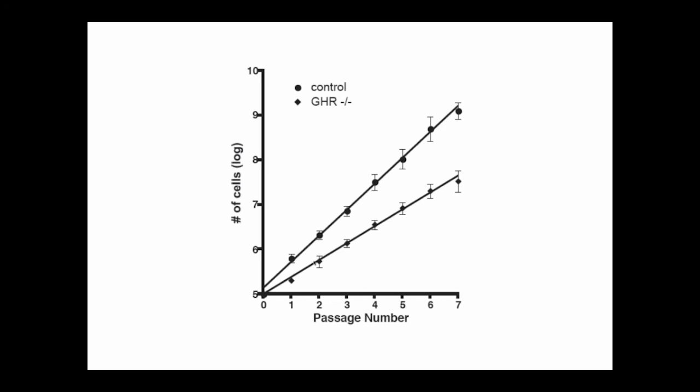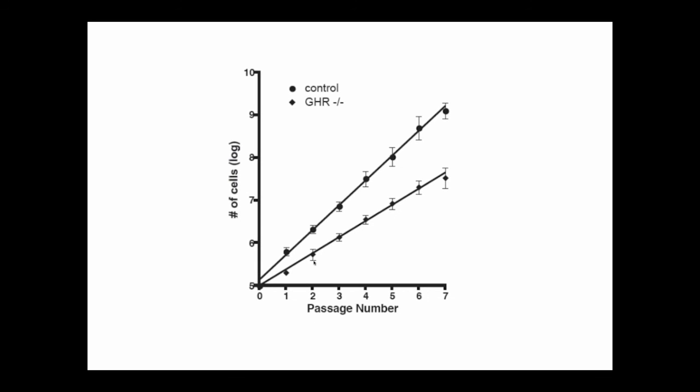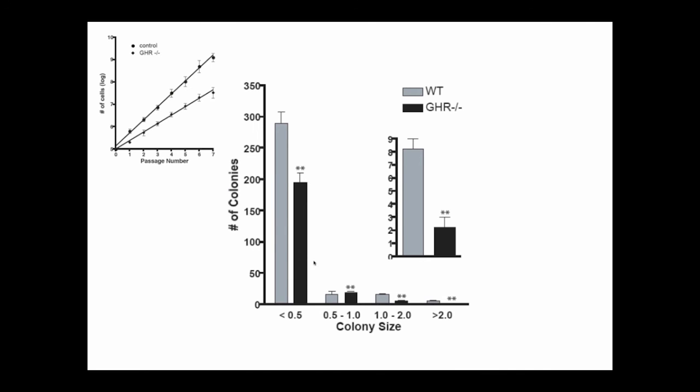Second, if we looked at an animal that was a knockout for the growth hormone receptor, what effect does that have on proliferation of this population? We found that the slope of the growth curve was significantly reduced in the growth hormone receptor negative cells, suggesting that activation of that receptor has something to do with the stem cell's ability to undergo symmetric divisions.